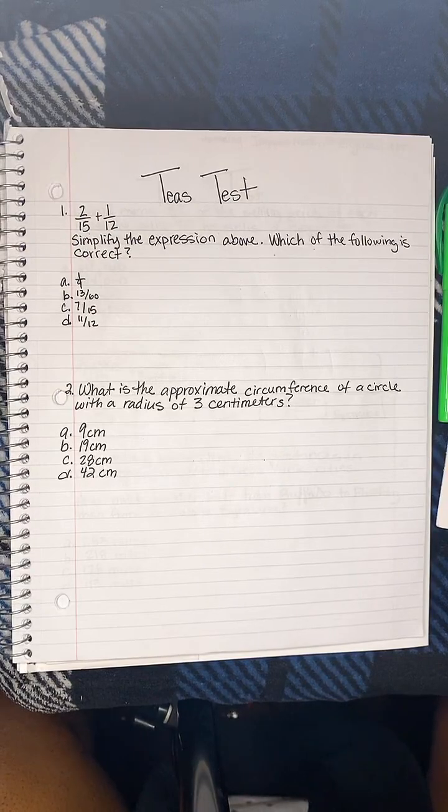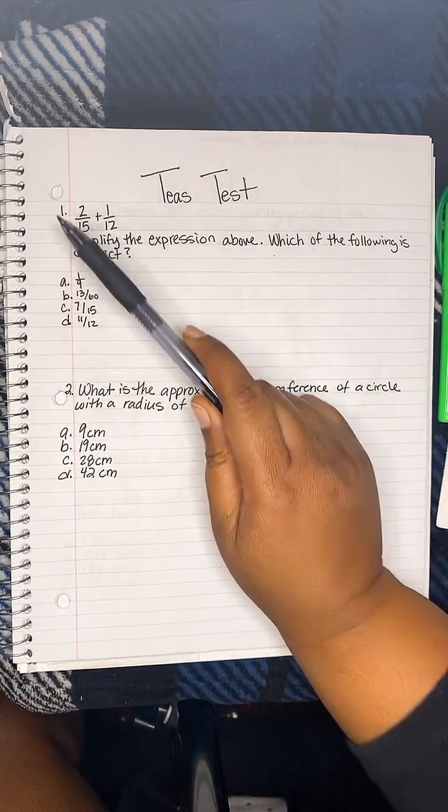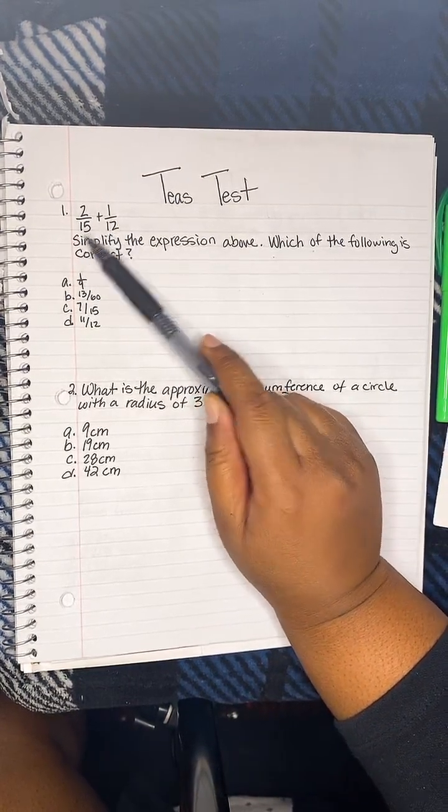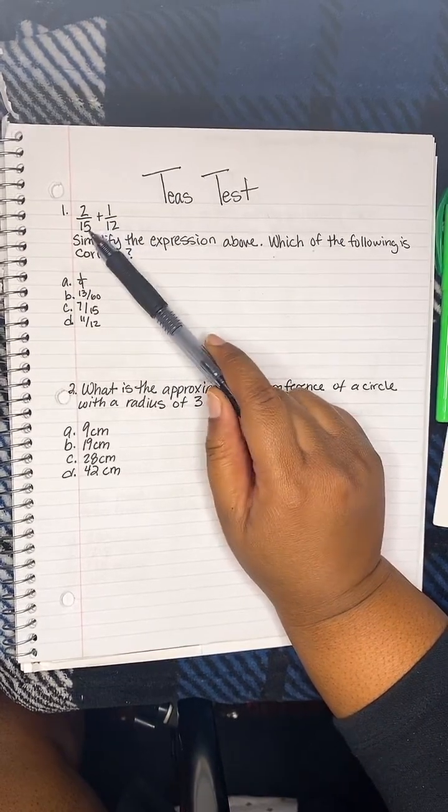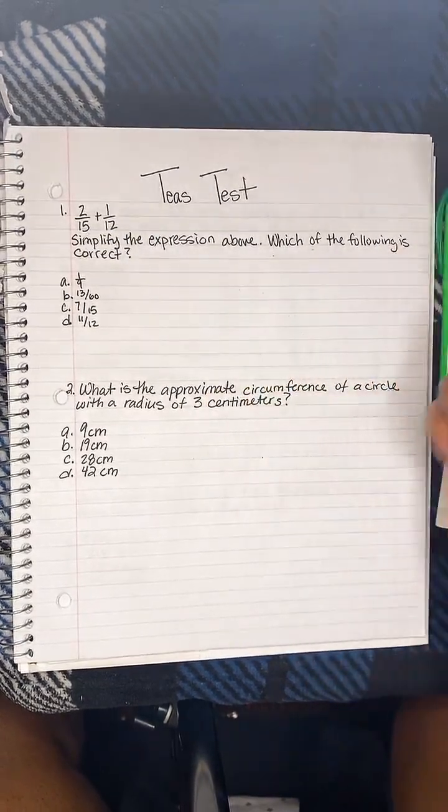Yes, you can use a calculator for the TEAS. Good, I love it. 60. Same denominator. Need the same denominator. Perfect. So, we need to figure out what 15 and 12 can both go into.